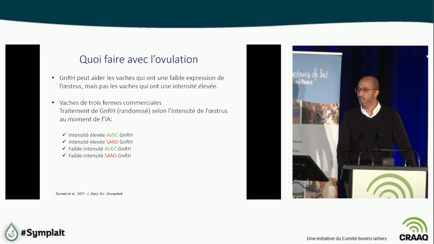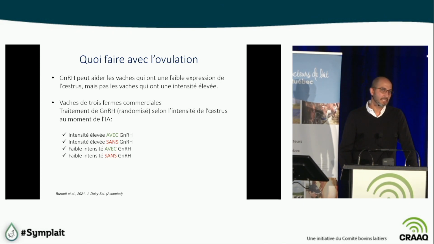Let's start giving GnRH at the time of AI to some of these animals that show heat. Simply that. I didn't have the intention to start implementing GnRH shots for these estrus-detected cows. But if these cows fail to ovulate for some odd reason, maybe they will respond. And we did it at AI because it was easy, basically that.